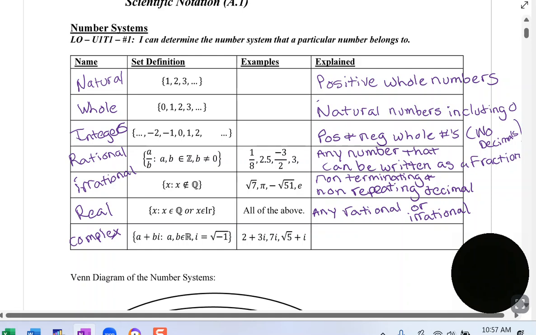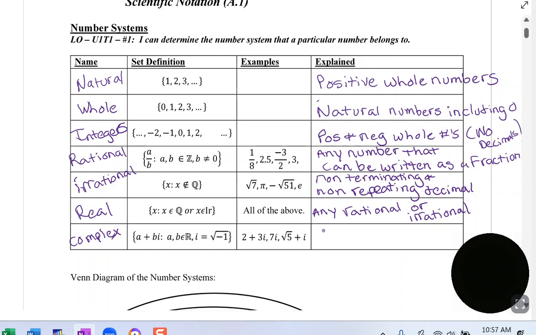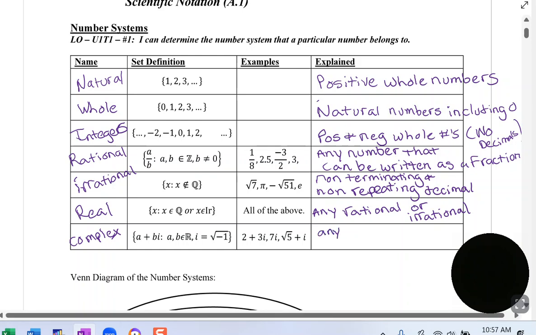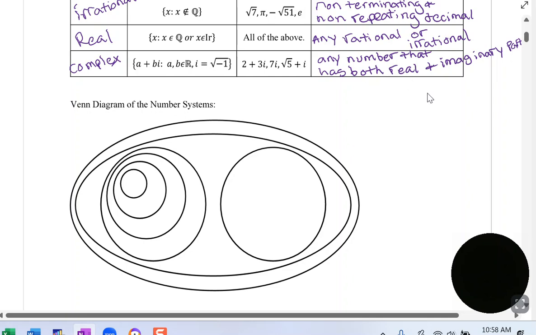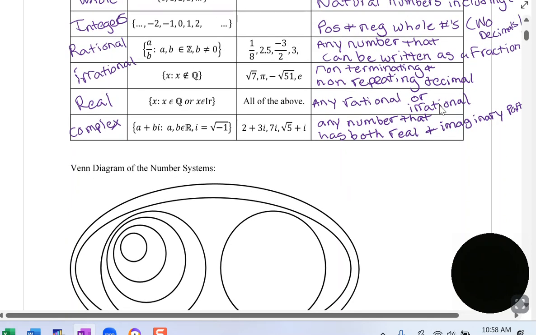Complex numbers are any numbers that have both real and imaginary parts. Okay, so both real and imaginary parts, that is complex.